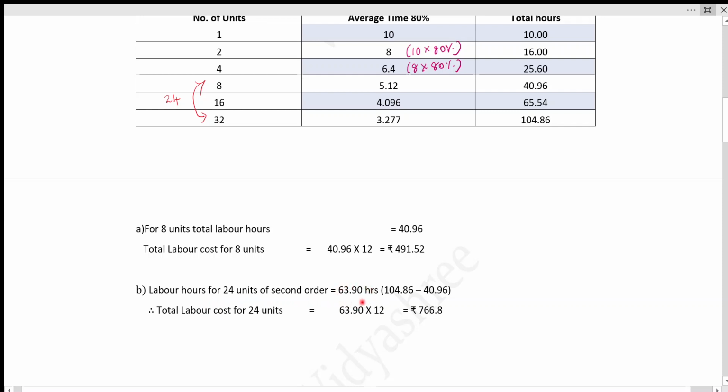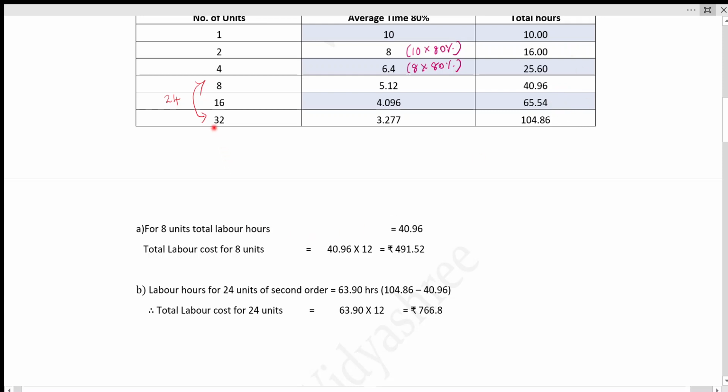How do we get this 63.90 hours? As you can observe in the above table, for 32 units it is 104.86, but we require 24 units. So just subtract 104.86 minus 40.96. Why are we subtracting this?